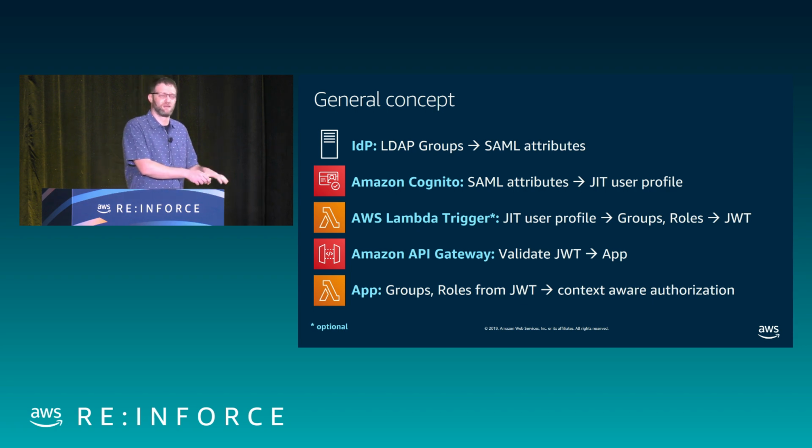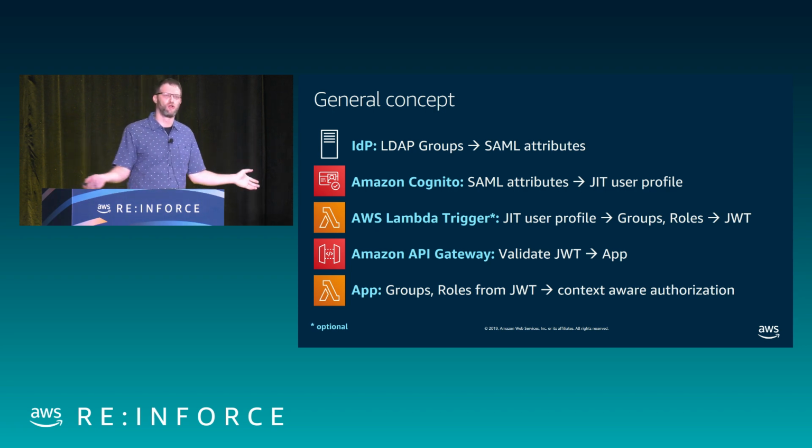Outside of the scope of our application, in the IDP, we map LDAP groups to SAML attributes. In Okta, I'm doing it by assigning everything that starts with a pet app to be mapped to those SAML attributes.